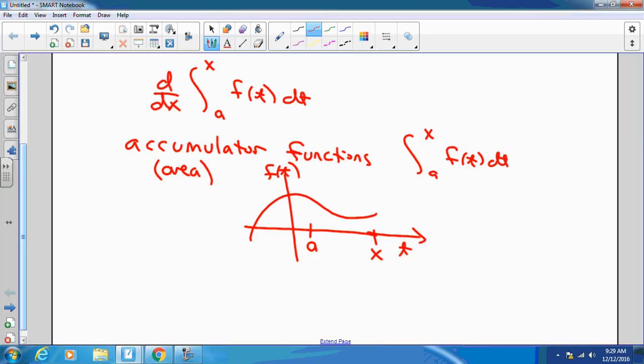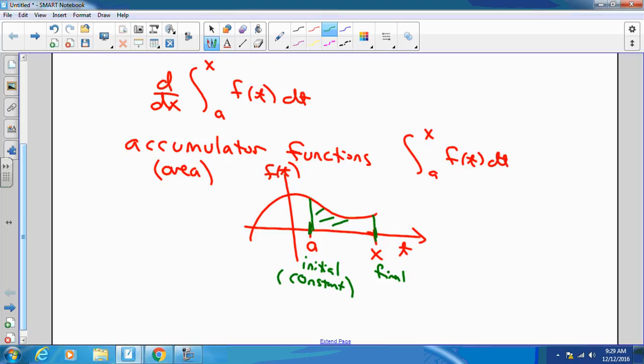Now the variables get a little tricky for students, so I want to be clear about what's happening here. In this case, I have graphed f as a function of time t. So my axes are f of t vertically, and the horizontal axis is the t-axis. And now I'm going to start at an initial point, a, which is constant or fixed. And I'm going to now go out to a point x, which we can call our final point.